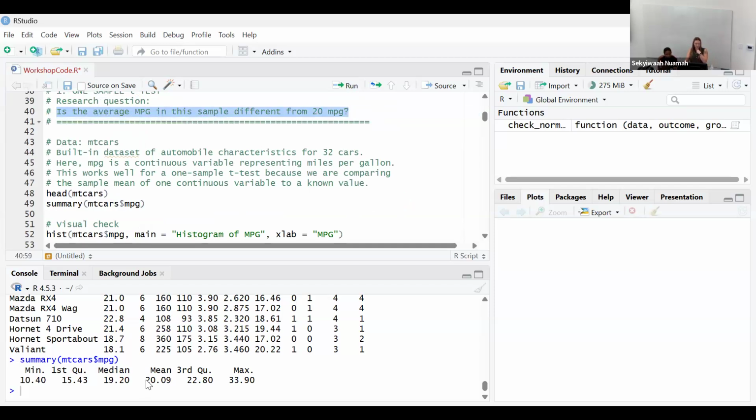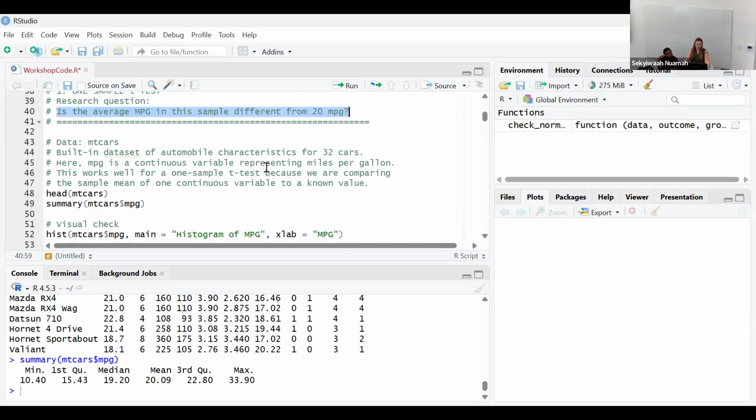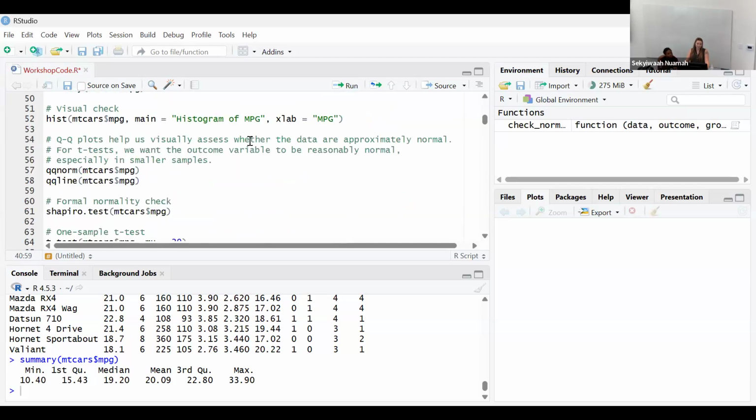Looking at this mean of 20.09, we can just use context clues and say it's probably not going to be different from 20 miles per gallon. But what this test does is give you a definitive answer in statistics on whether it's going to be different from this value.